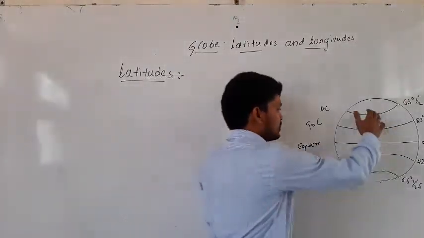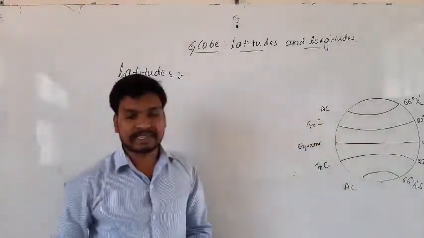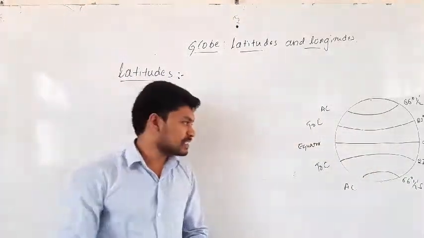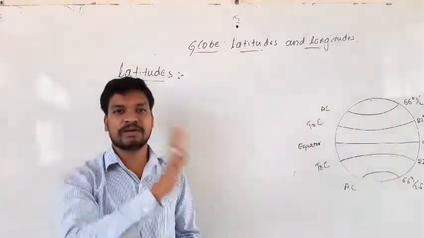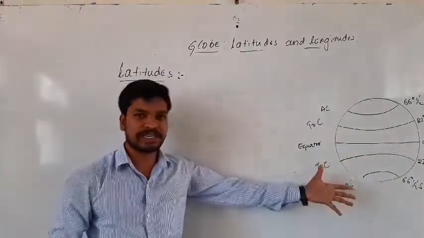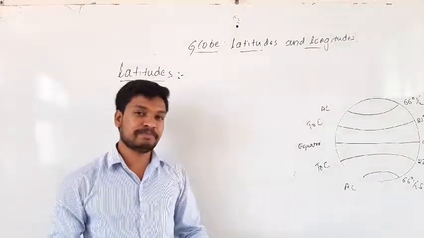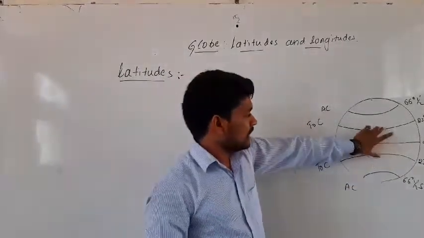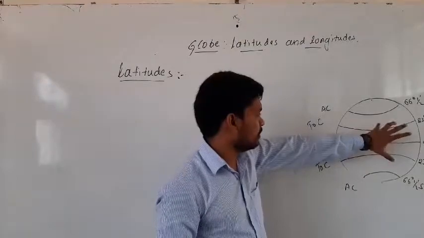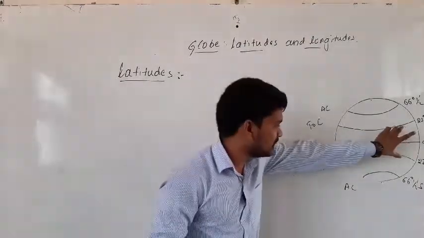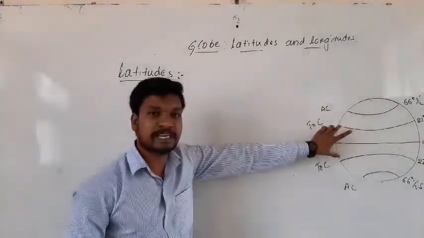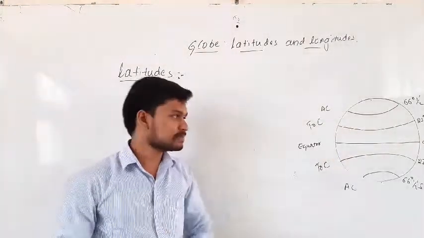Because these circles act as a boundary for different temperature or climate. In the area between the 23rd degree north and 23rd degree south, we experience one kind of temperature throughout the year.